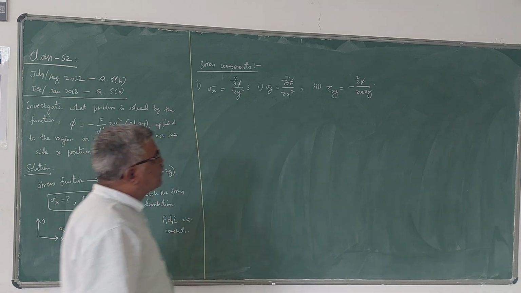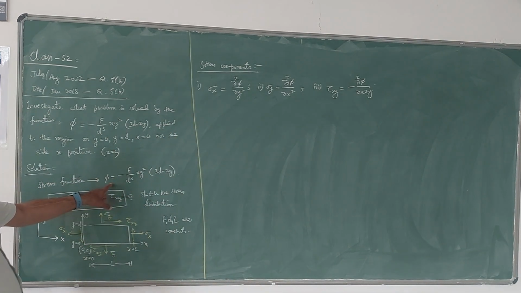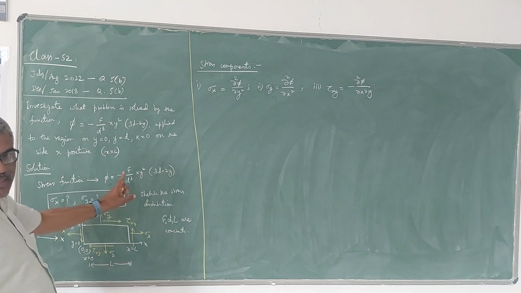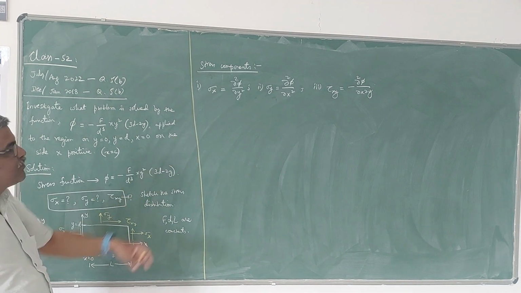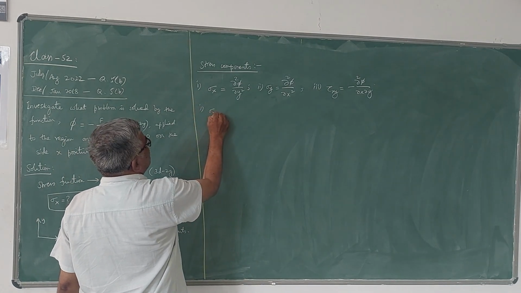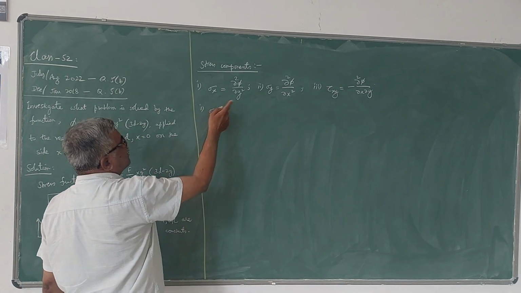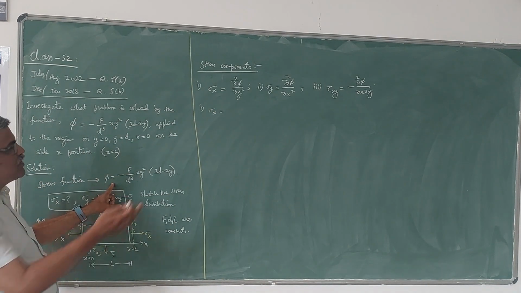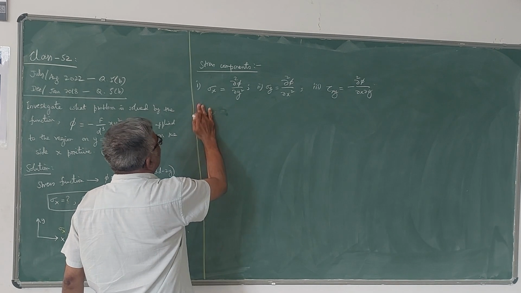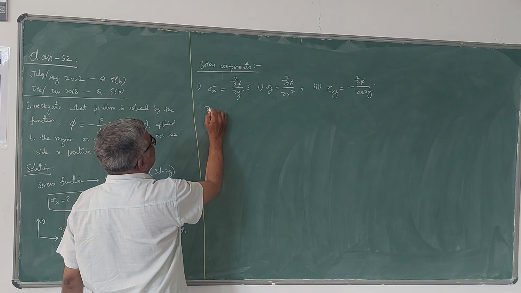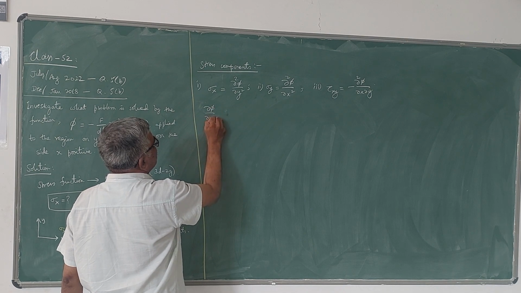Since you know the function phi, you have to differentiate and get the stress components. First one, let us find out sigma x. I have to differentiate this phi two times. Otherwise, you just find out all the derivatives, then you can substitute. So what is dou phi by dou x?